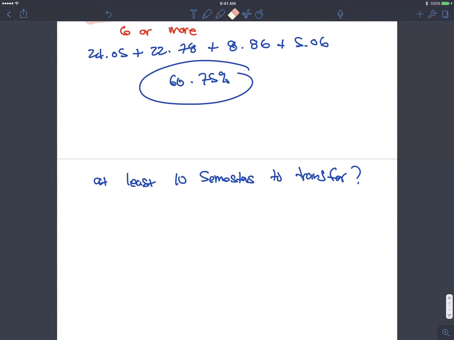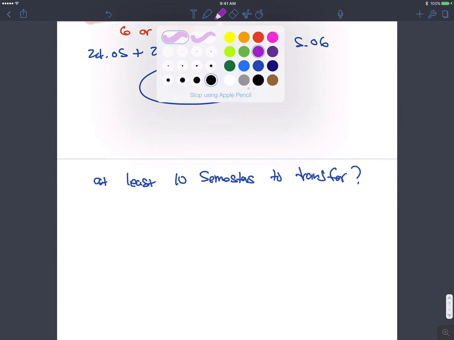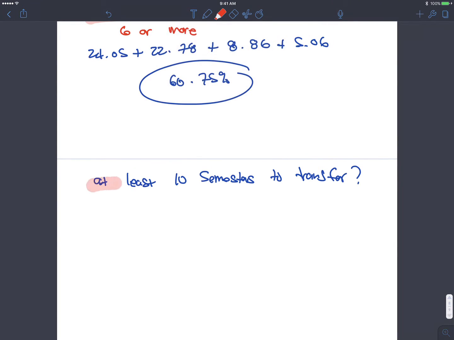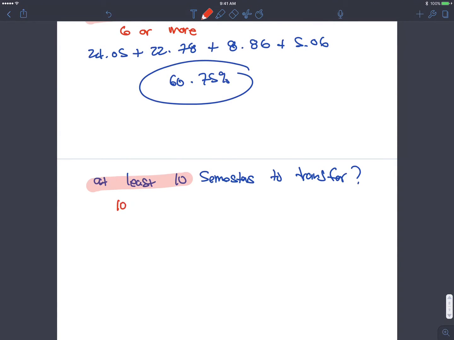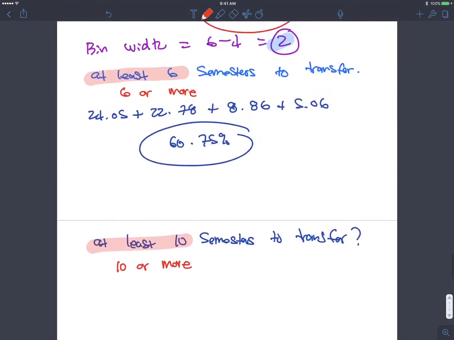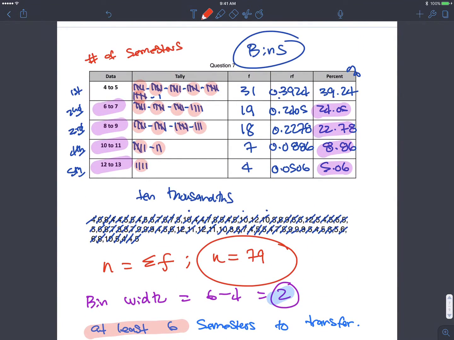And again, the key here would be to consider the meaning of at least 10. At least 10 means 10 or what? 10 or more. So, which bins hold data values that are 10 or more? 10 or 11 or 12 or 13? Well, it looks like it's bin 4 and bin 5.